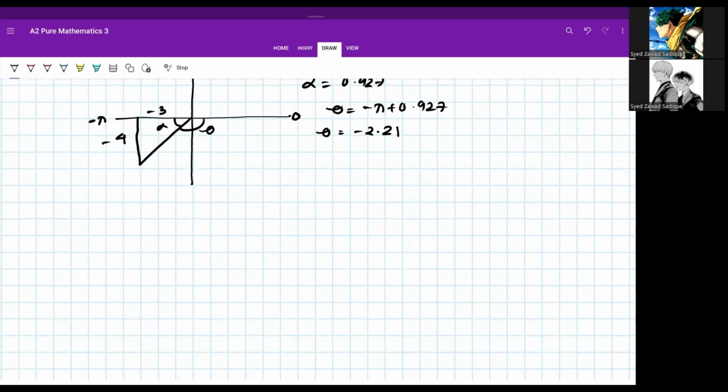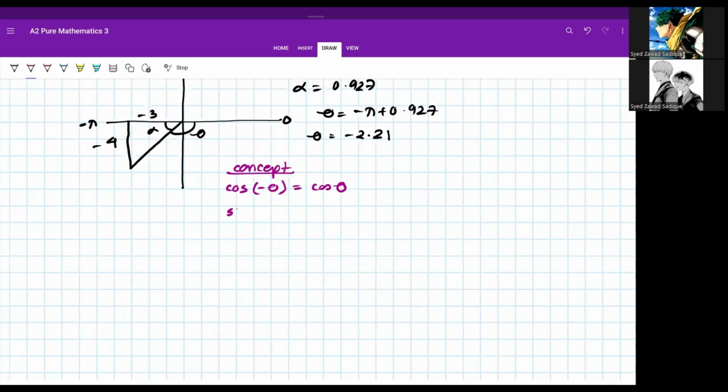Now, there's a certain concept that you have to know in this section. The concept is cos minus theta is equal to cos theta, and sine minus theta is equal to minus sine theta.